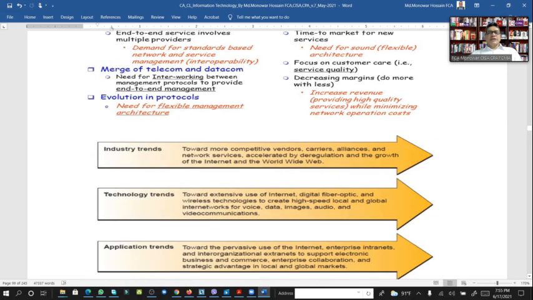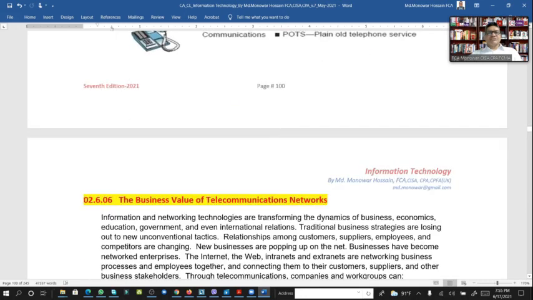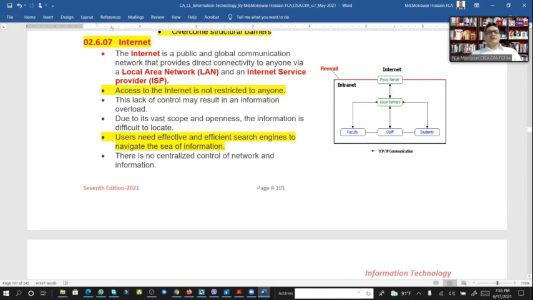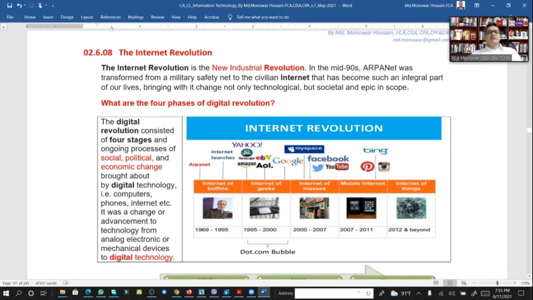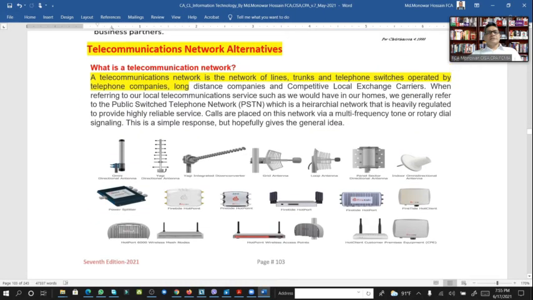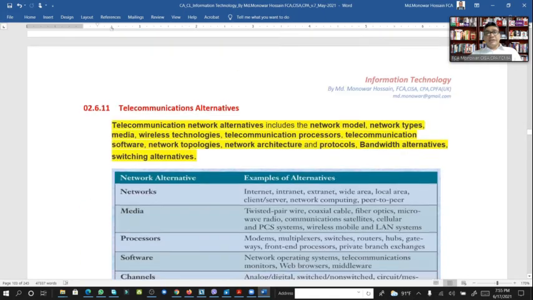We have seen the industrial trends of networking, the business value of telecommunication networks, the role of extranets, and telecommunication network alternatives.